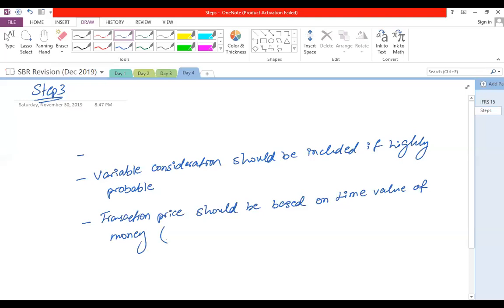And when we say time value of money, it includes both the discounting and the compounding. It includes both the discounting and compounding. Now, what do we mean by that?